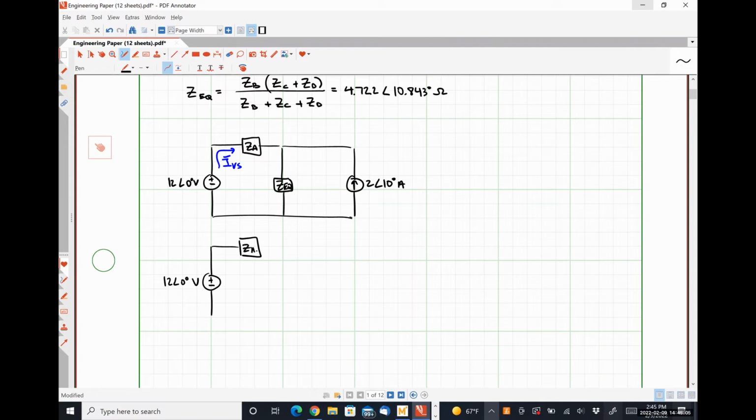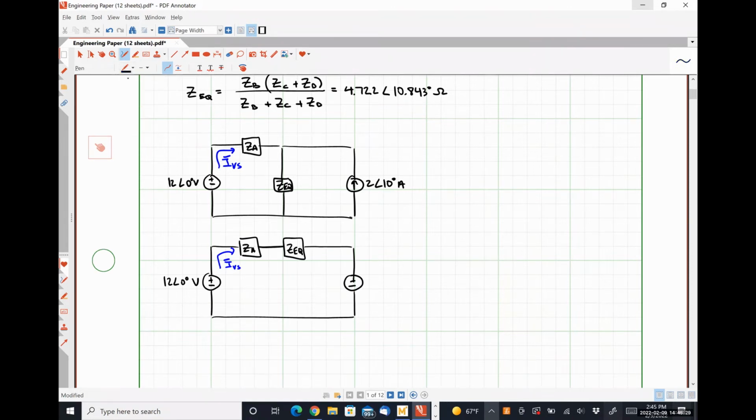Here's ZA. Here's ZEQ. Here's my voltage source that I'm going to need to determine the value of in a moment. Here is my quantity, IVS, that I'm trying to find.